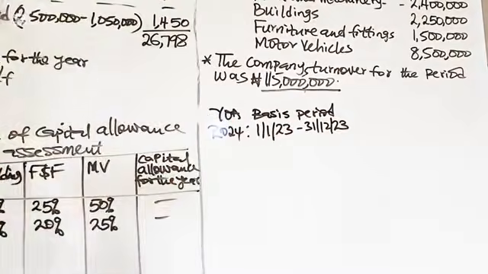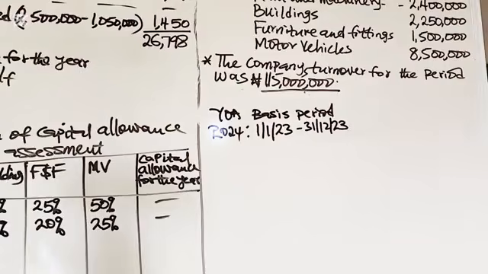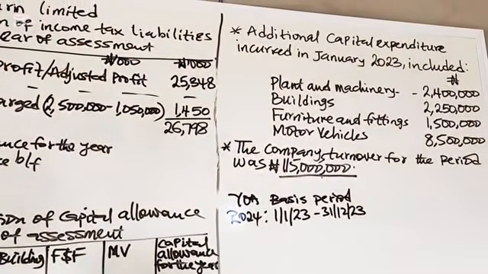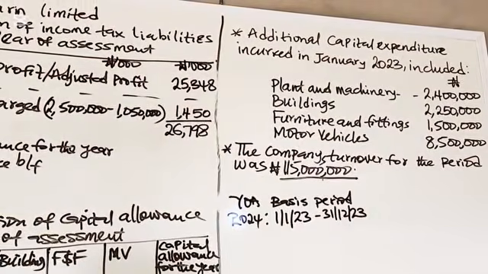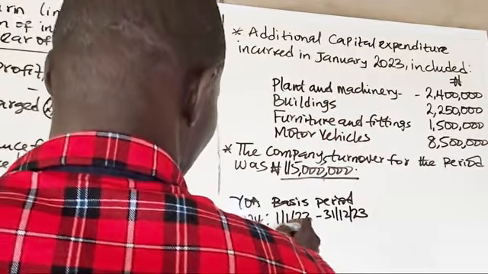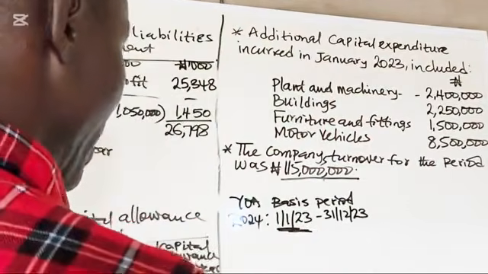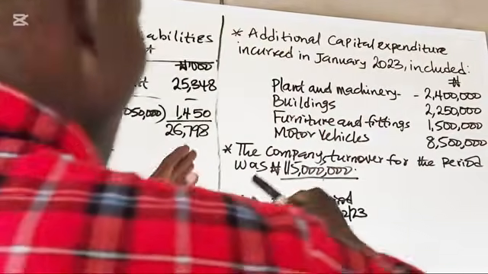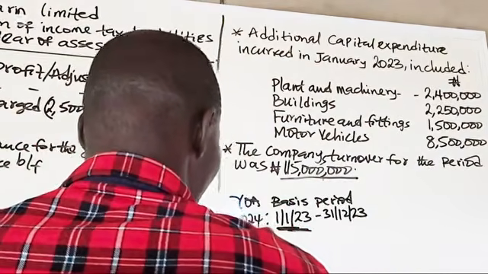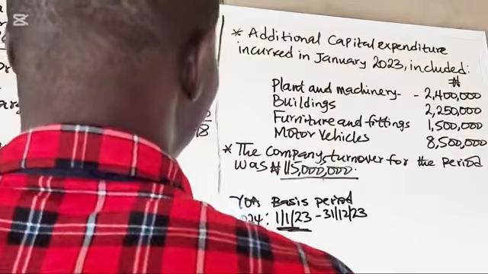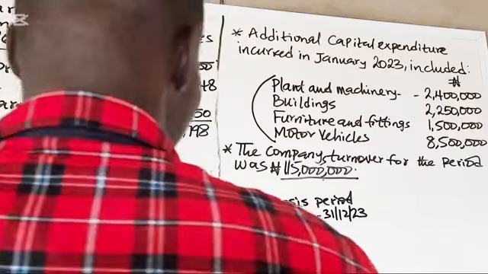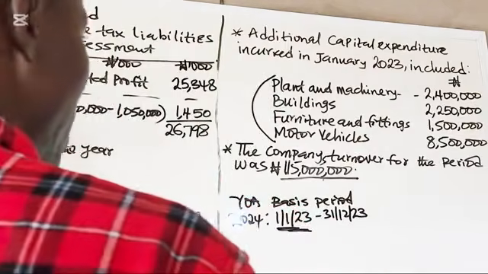If you look at the capital expenditure given in the question, you were told they were acquired on the 1st of January 2023. January 2023 is part of the 2024 year of assessment basis period, which shows that all capital expenditure acquired in this basis period qualifies in 2024 year of assessment.